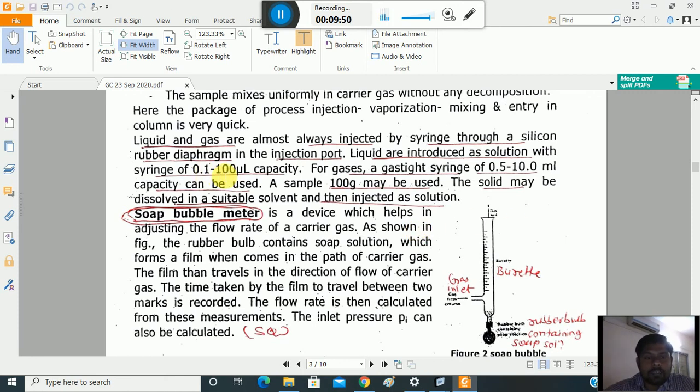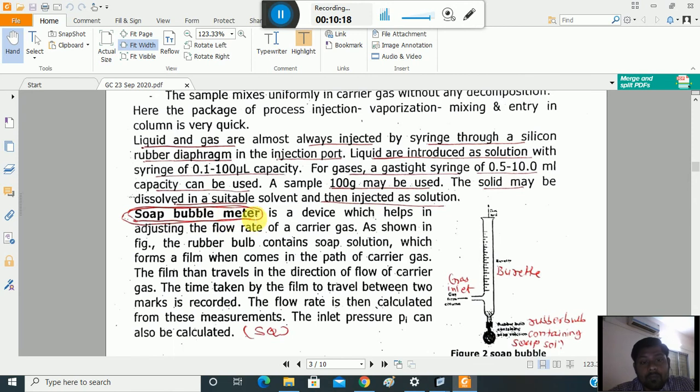The capacity is 0.1 to 100 microliter. Those are important for MCQ purpose. If gases are there, a gas tight syringe of 0.5 to 10 ml capacity can be used. The solid may be dissolved in a suitable solvent and then injected into the column as a solution. So that is how you can inject the sample, whether in gas, liquid or solid form.